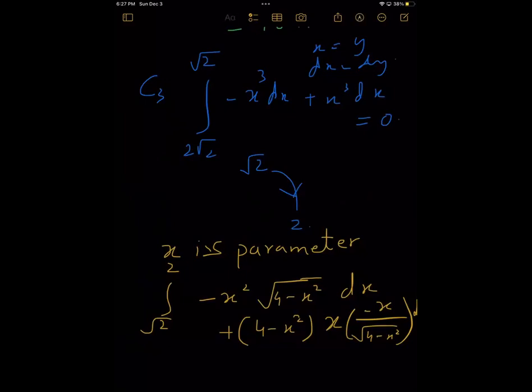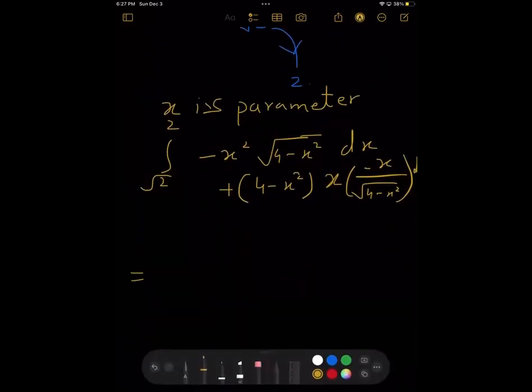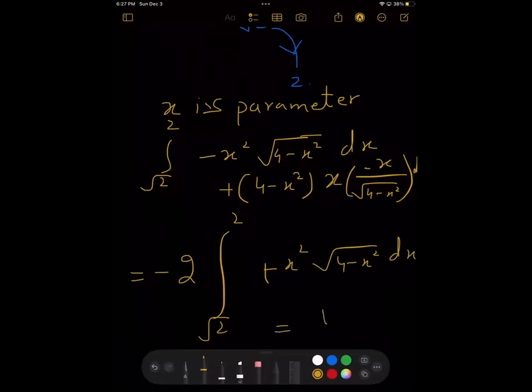So by adding it similarly, we again get double. So it will become minus the integral from minus root 2 to root 2 of the square root of 4 minus x squared dx. So when you solve it, it will become minus pi.